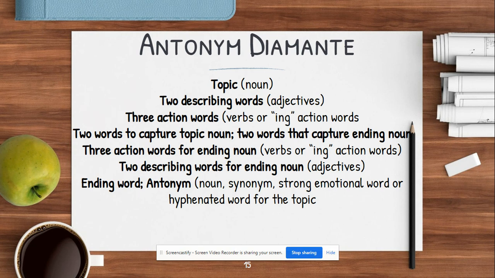So your first words are going to be about the noun at the top. Then you're going to have 2 words that capture the ending noun. Then the 3 actions after that are about your ending word. The 2 describing words are for the ending noun. And then your ending word is your antonym. Okay?